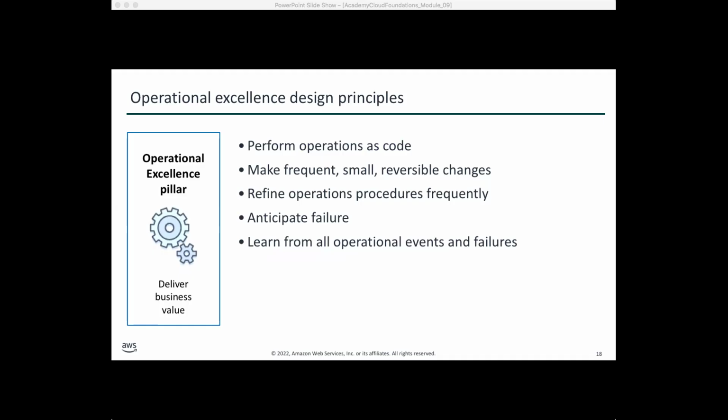Obviously, there would be situations where we will make changes. Those changes should be reversible. So basically, design workloads to enable components to be updated regularly, making changes in small increments that can be reversed if needed or if they fail, without affecting the real clients, right?